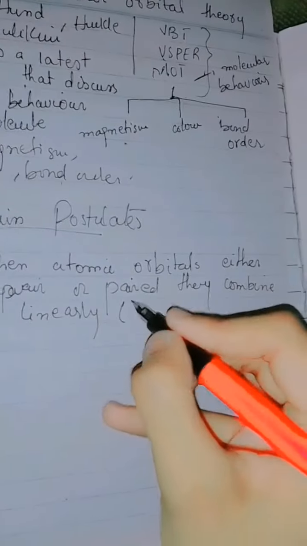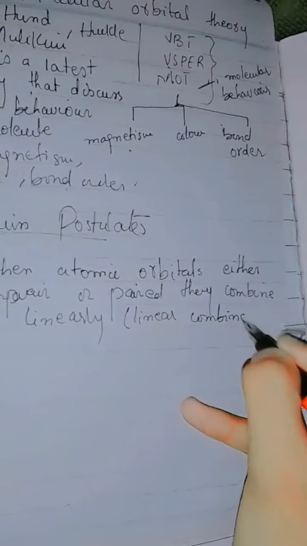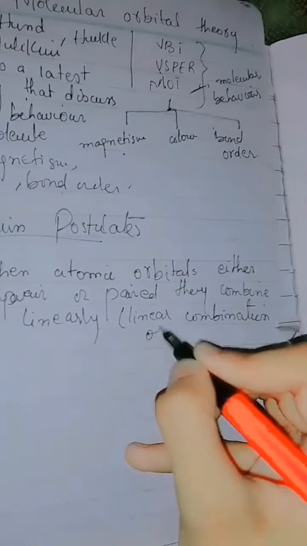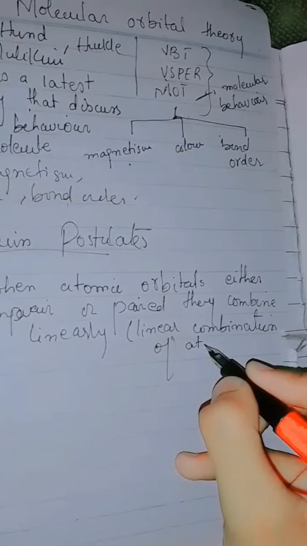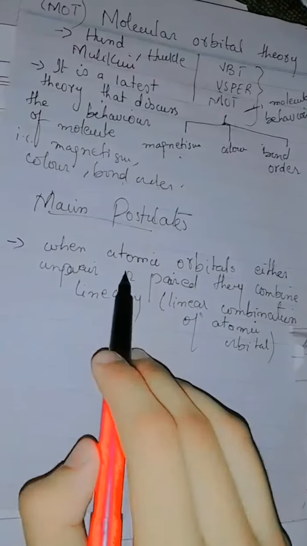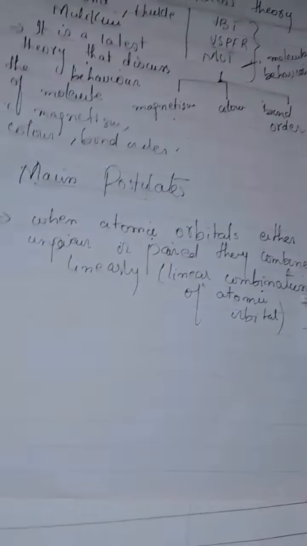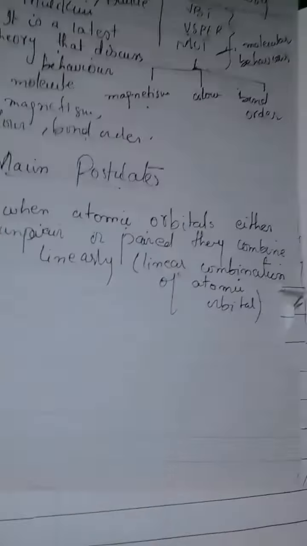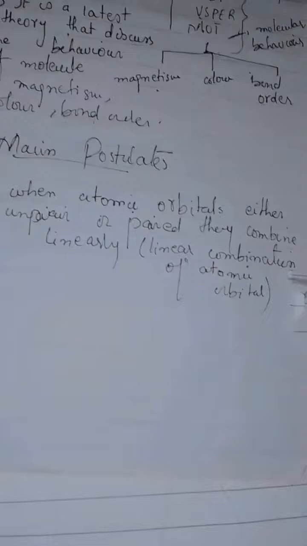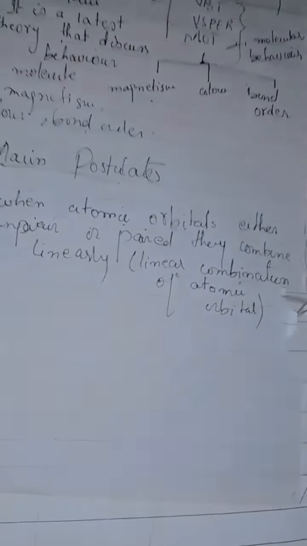Linearly means there will be a linear combination of atomic orbitals. So what was the first point? That when two atomic orbitals either paired or unpaired overlap, they combine linearly. Linearly means a linear combination of atomic orbitals.